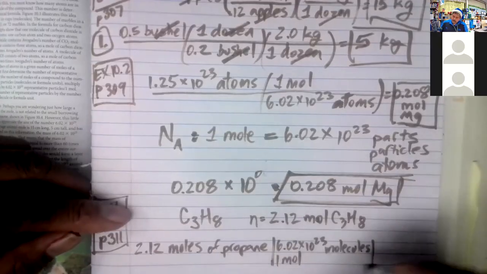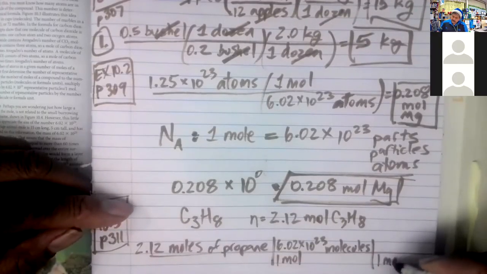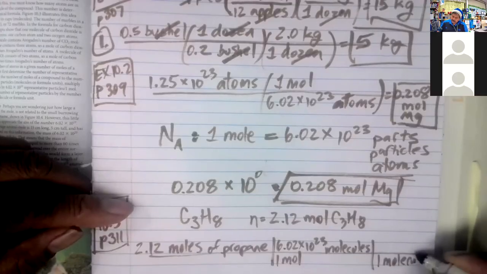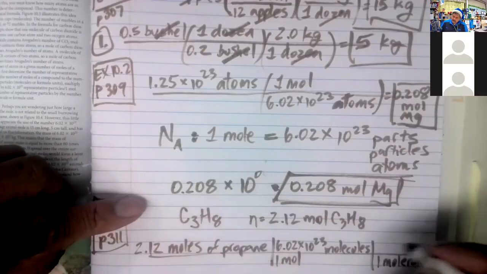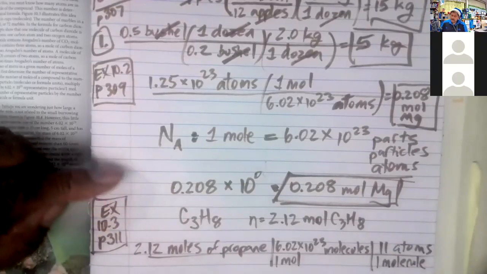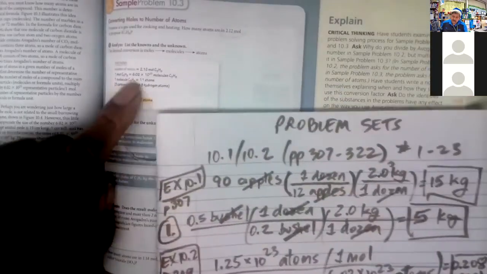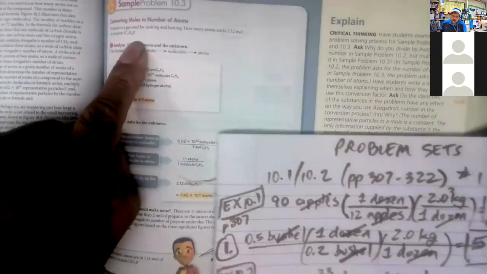But for propane, for each molecule that you have, we counted it out, for each molecule, you have 11 atoms, which is what we wanted. That's what the question was. How many atoms are there?